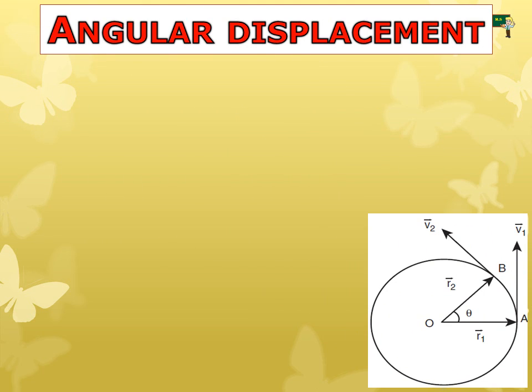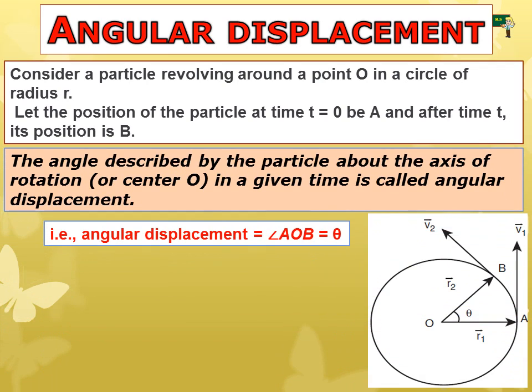We saw the radian and degree. So using that radian and degree, let's see the angular displacement. Consider a particle revolving around the point O in a circle of radius r. This is the circle of radius r.